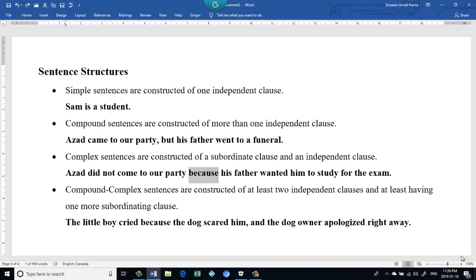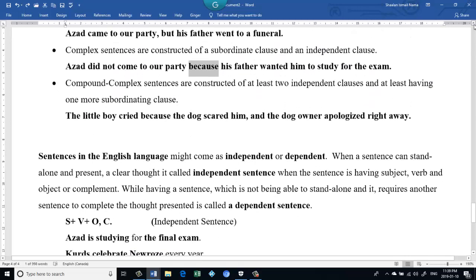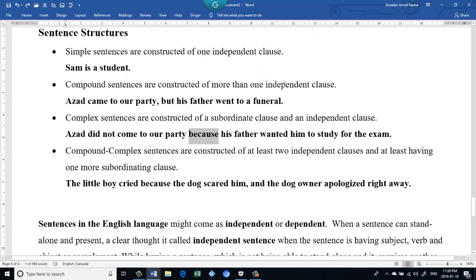Then we have the third one. We call them compound-complex. My apology. Compound and also complex sentences are constructed of at least two independent clauses and at least one or more subordinating clauses. If you look at these sentences, I say, the little boy cried.